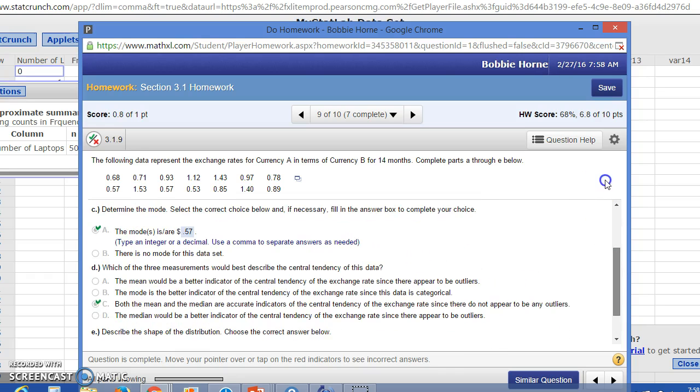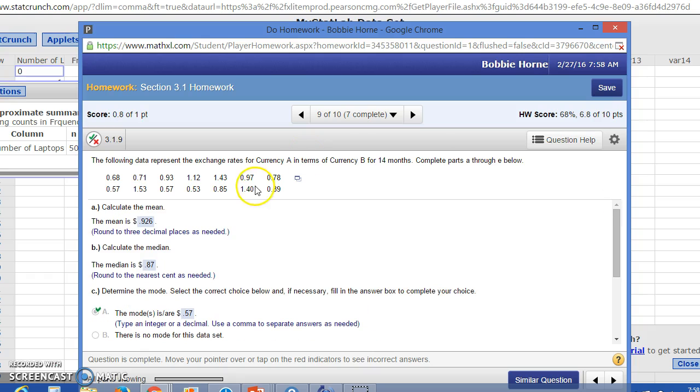But I do want to say this, when you're comparing the mean and the median, okay? Now, most of the time, either one of these is a good indicator of the data, but let's just say if there are outliers, meaning there are numbers that stand out, and I worked one where there were outliers.